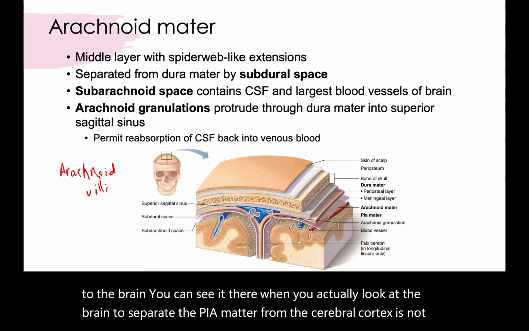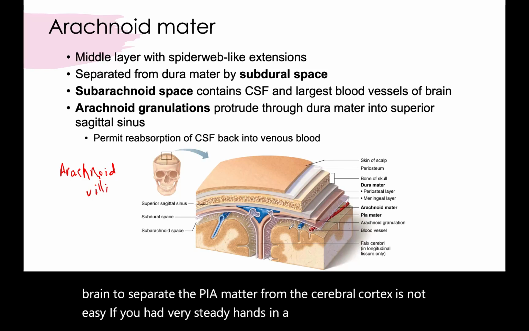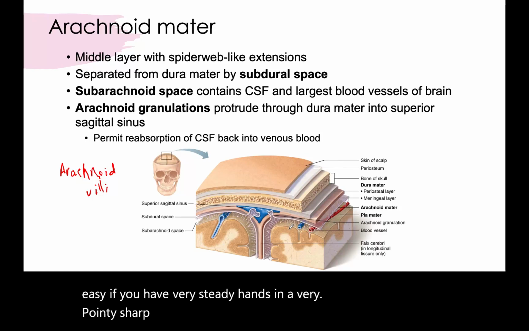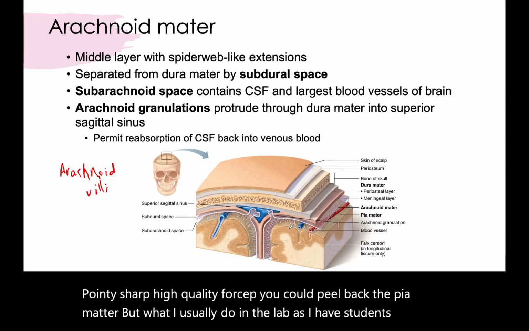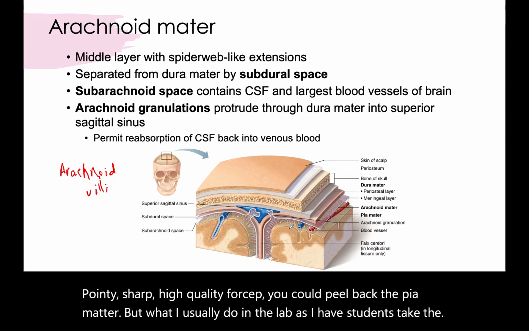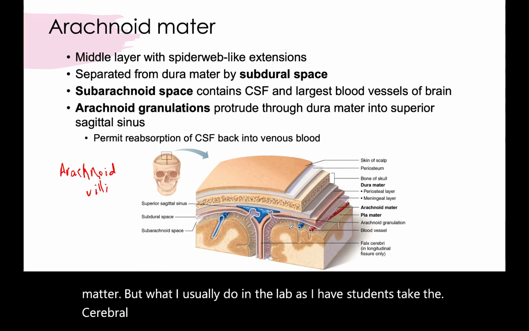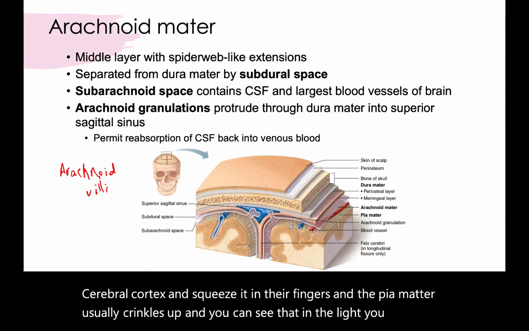If you have very steady hands and very pointy, sharp, high quality forceps, you could peel back the pia mater. But what I usually do in the lab is I have students take the cerebral cortex and squeeze it in their fingers, and the pia mater usually crinkles up, and you can see that crinkling in the light.